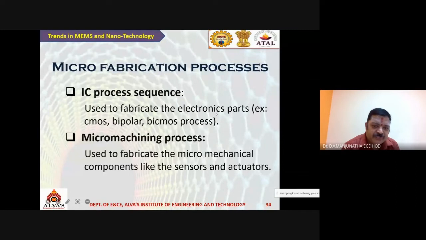There are two processes in the fabrication of MEMS devices. One is the IC processes used to fabricate electronic parts, for example CMOS, bipolar, and BiCMOS processes. The processing can be done by the IC process sequence, which is the fabrication of VLSI, etc. Then mechanical parts can be fabricated using a process called micro machining. The micro machining process is used to fabricate micro mechanical components like sensors and actuators, right?